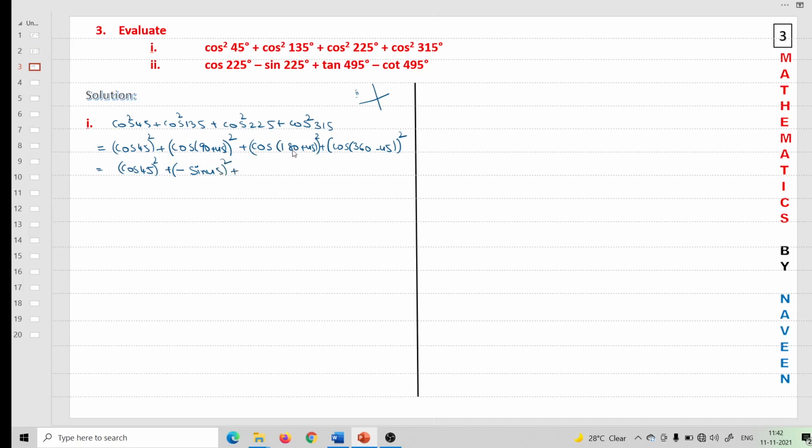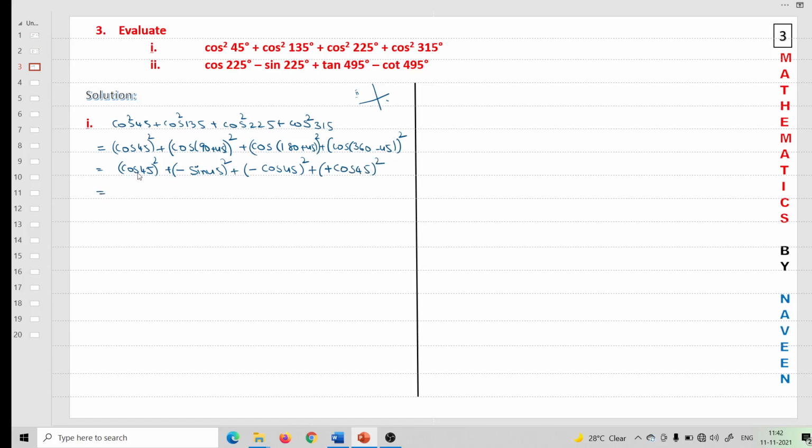Plus next, 180 plus 45 means third quadrant. In the third quadrant tan values are positive, remaining all are negative, so minus. 180 is pi by 2 multiplied by 2, right? So there is no change in trigonometric ratio, cos only, cos 45 whole square. Plus 360 minus theta, fourth quadrant. In the fourth quadrant cos and secant are positive, so only positive. 360 is pi by 2 multiplied by 4 times, so there is no change in trigonometric ratio, cos as it is.